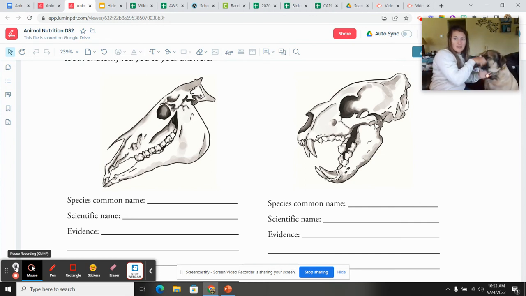But he's got some big old canine teeth in there, and he can crush bones, tear meat, eat cheese, all of those cool things that carnivores can do.